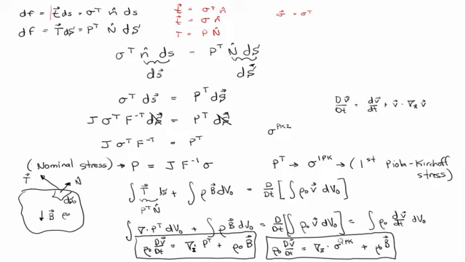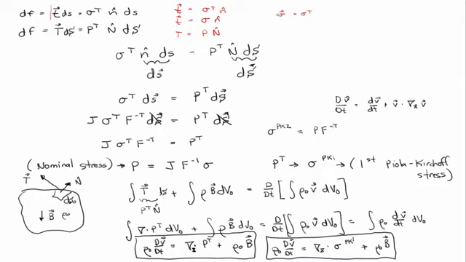And really, I should call this PK1. So PK1. Then PK2 is the nominal stress multiplied on the right by the inverse transpose of the deformation gradient.